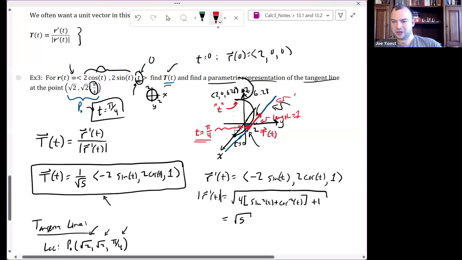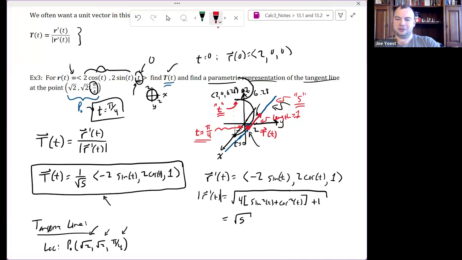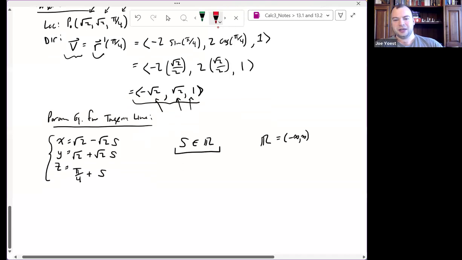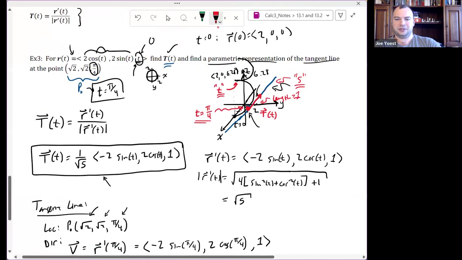So I need a different parameter, and I just chose to use S because T was already fulfilling this role, parameterizing the space curve, this helix. So we just needed some different parameter to parameterize our line. And if I wanted to give it a vector name, I wouldn't call it R equals, again, because R is already fulfilling a role.